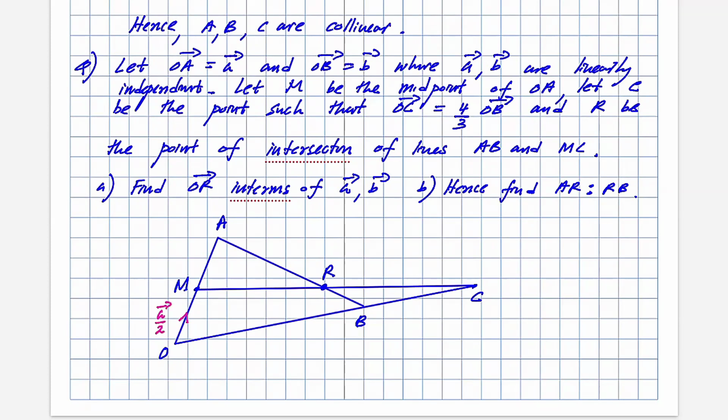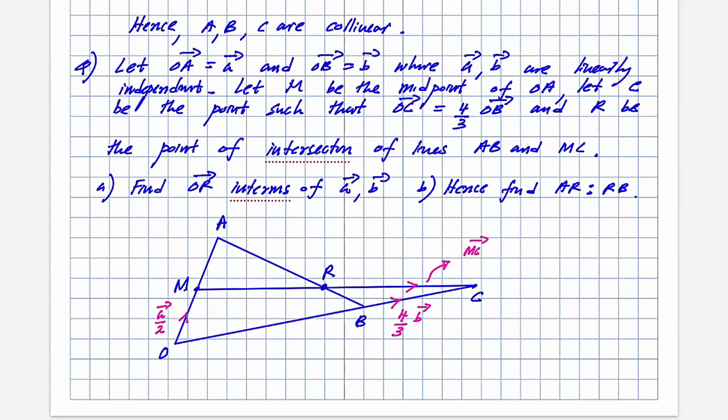Then OC vector is going to be 4 divided by 3 of OB, 4 divided by 3 of B. Then MC vector is OC minus OM, right?